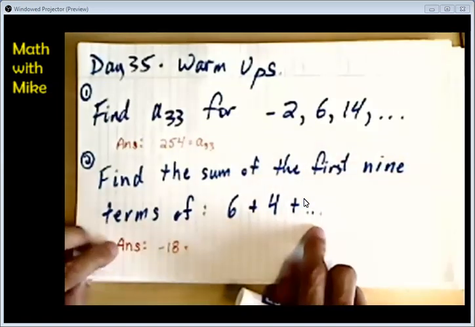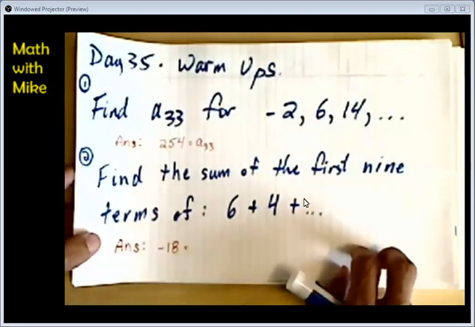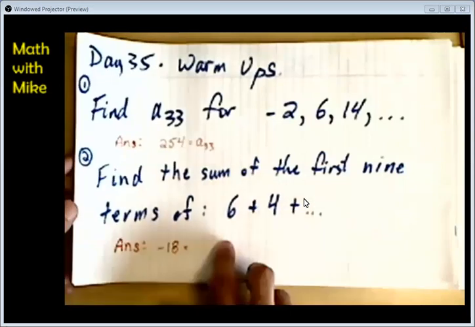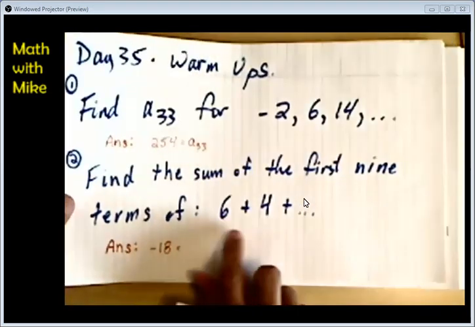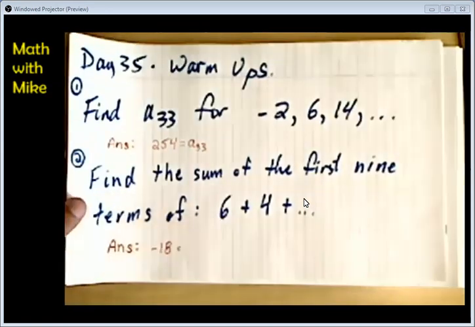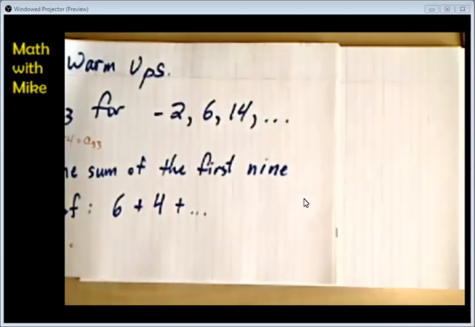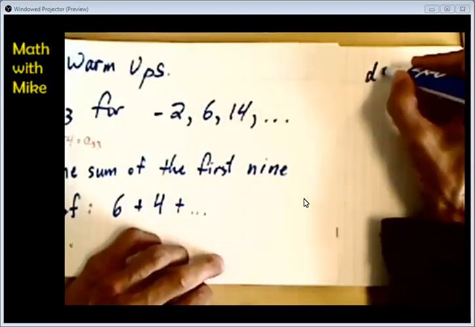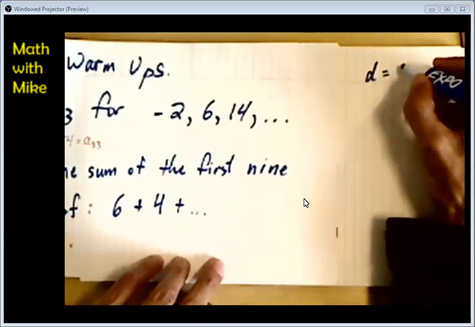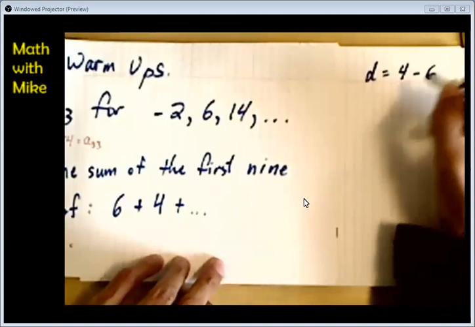Okay, so in terms of our list to get started with, what values do we know? Yeah, we can figure out what D is. What is D gonna be from our situation here? D will be -2, that's right. Because you take 4, subtract the number in front of it, which is 6.